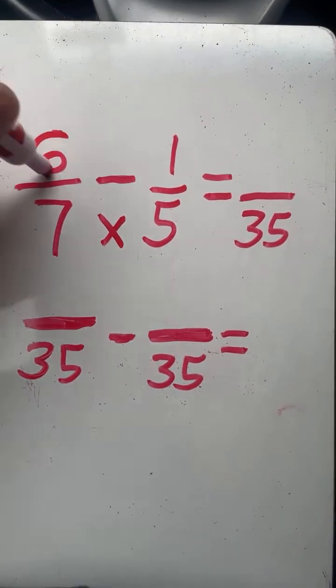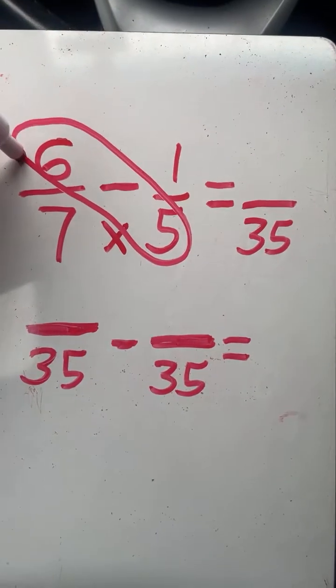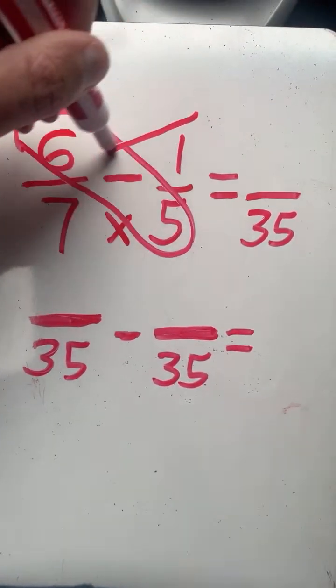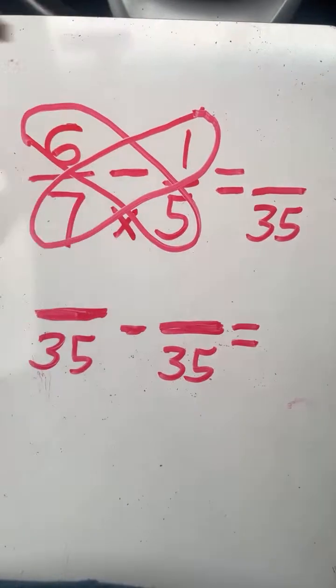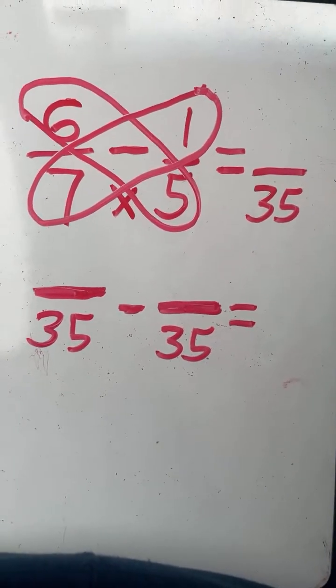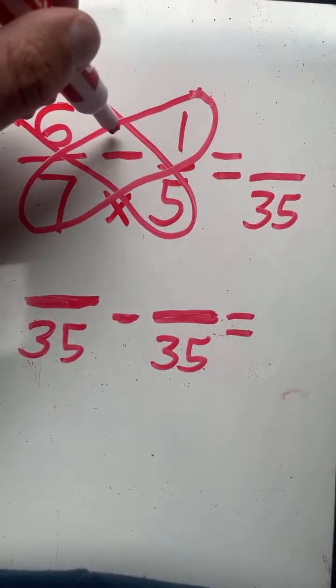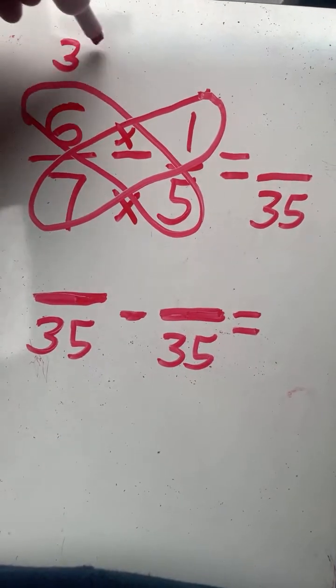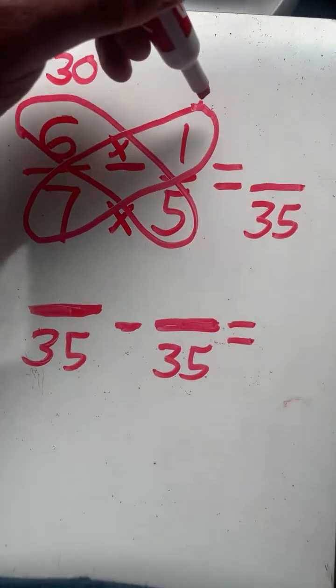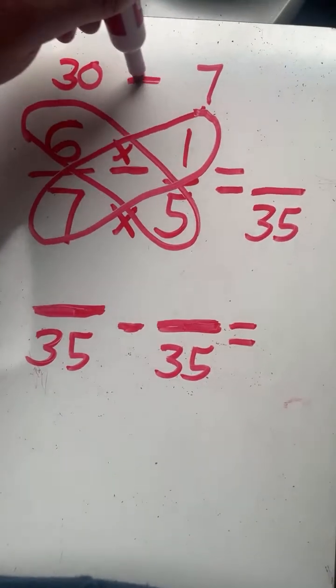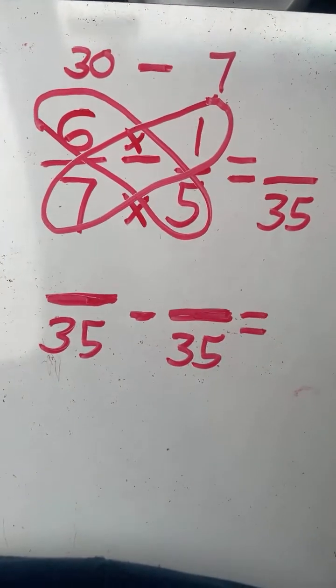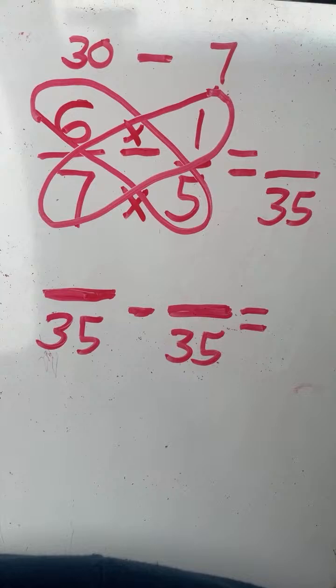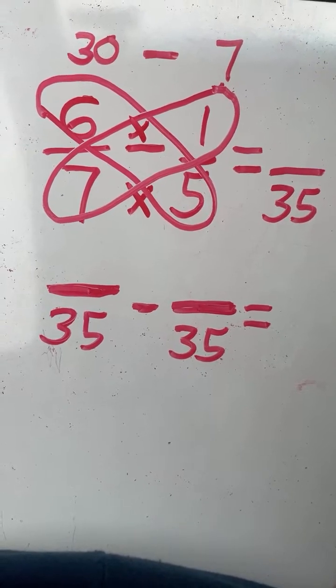Next, we have to convert 6/7 to 35ths, and we have to convert 1/5 to 35ths, and we do that by multiplying each numerator by the opposite denominator. All right, 6 times 5 equals 30. 7 times 1 equals 7. 30 minus 7 equals 23.